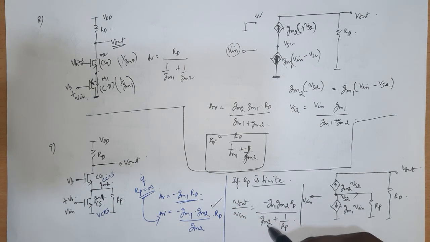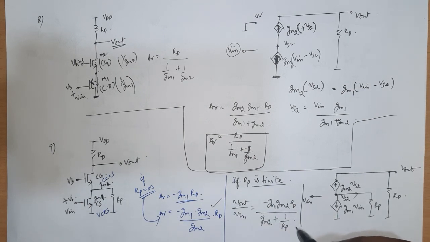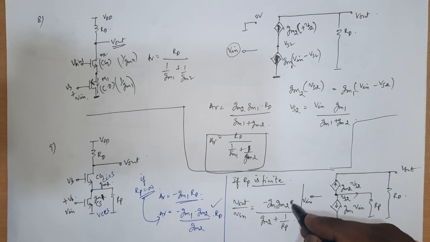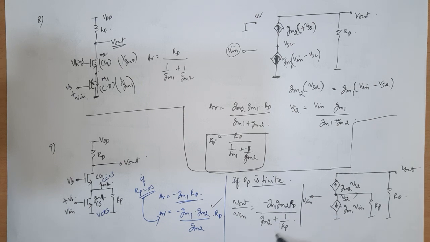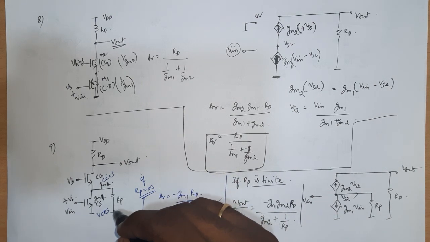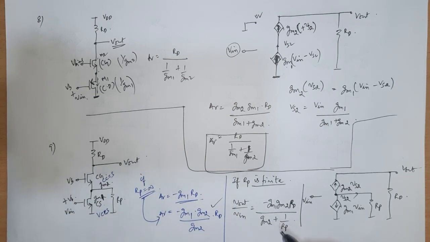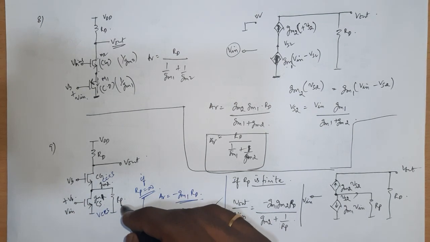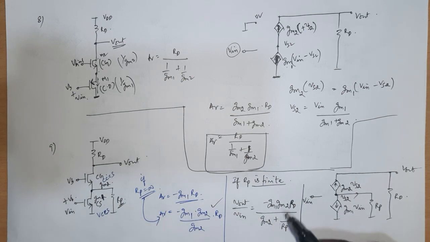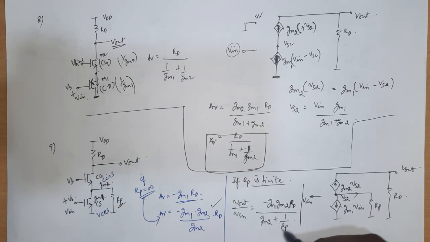When you add two transconductances, this means they are in parallel. That is how it is arrived at. You can keep this result in your mind: if you have an RP added to a particular node on a cascode stage, some parasitic resistor, then this resistor will occur in addition in the denominator. That is the change you will see.